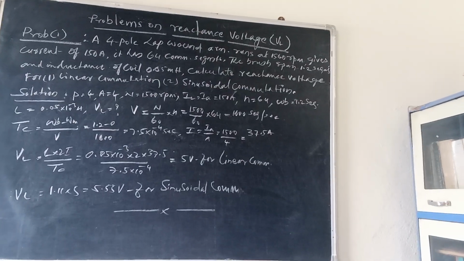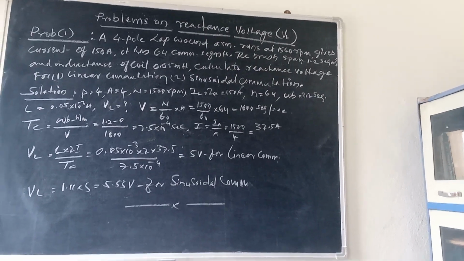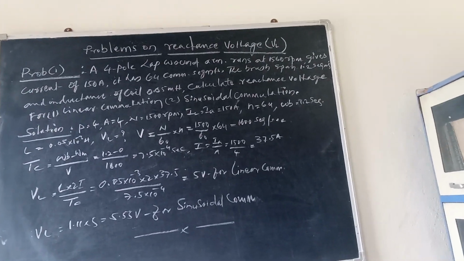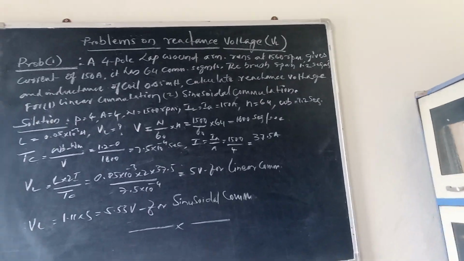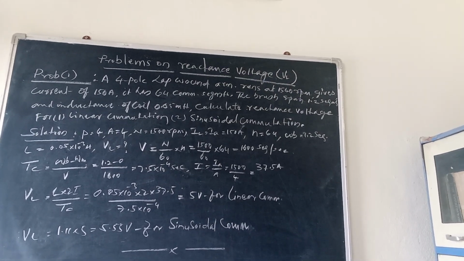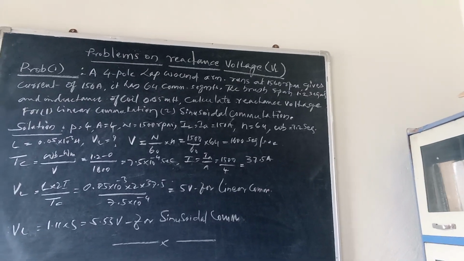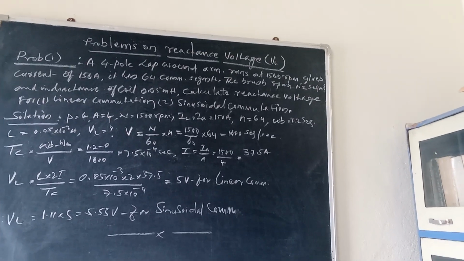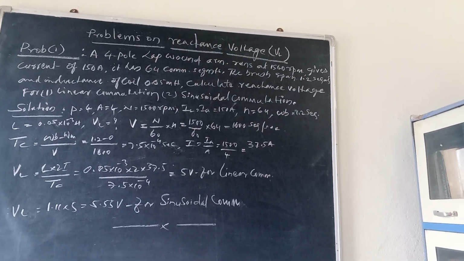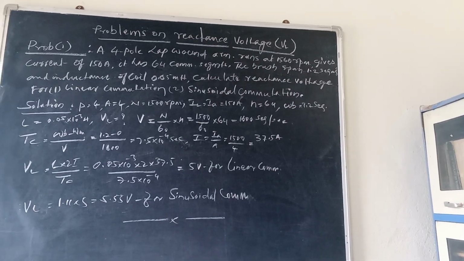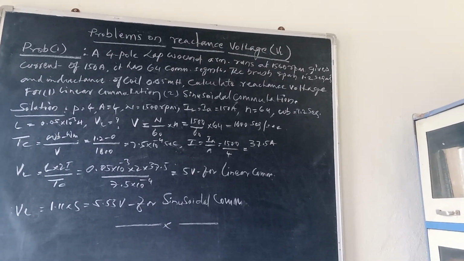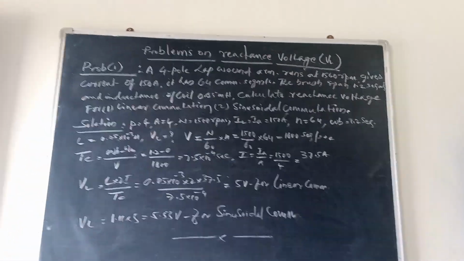The brush span is 1.2 segments wide, and the inductance of the armature coil is 0.05 millihenry. Calculate the reactance voltage for 1, linear commutation, and 2, sinusoidal commutation. Solution follows.